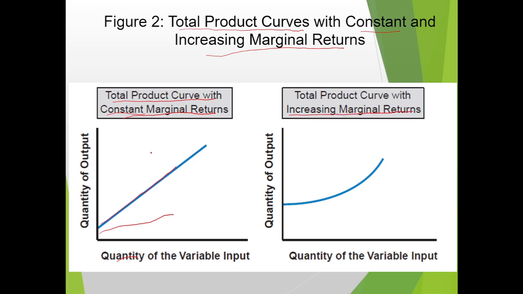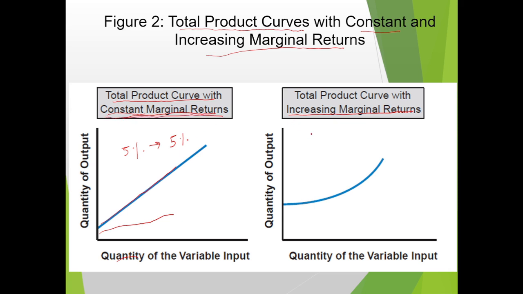In the graph on the left hand side, if we are increasing the quantity of variable input by 5%, our quantity of output is also increasing by 5%. So that is constant marginal return.